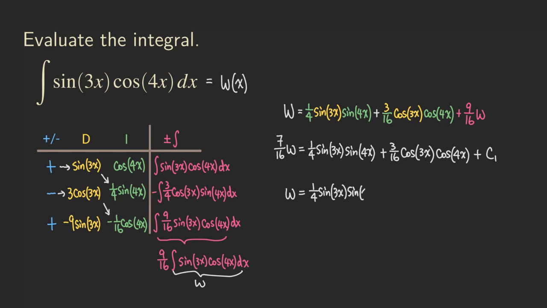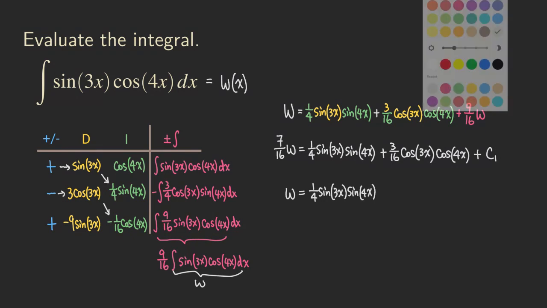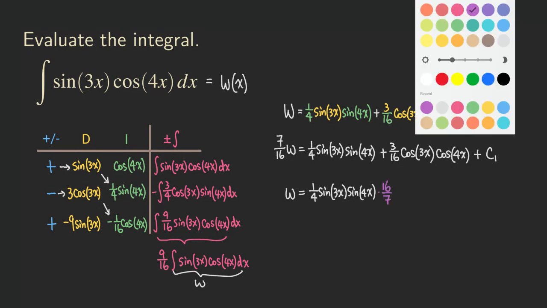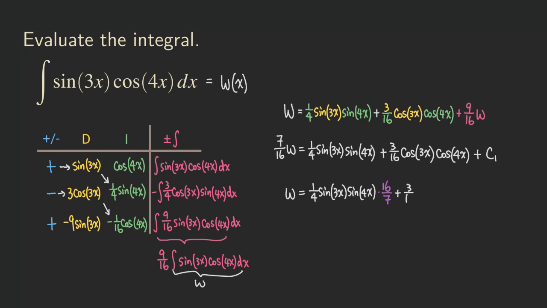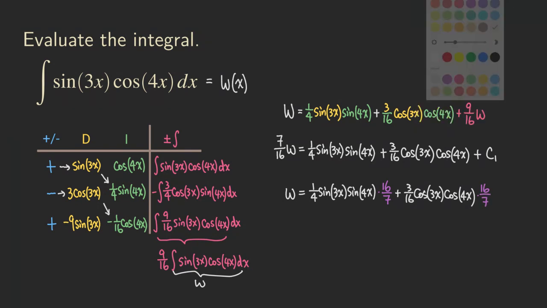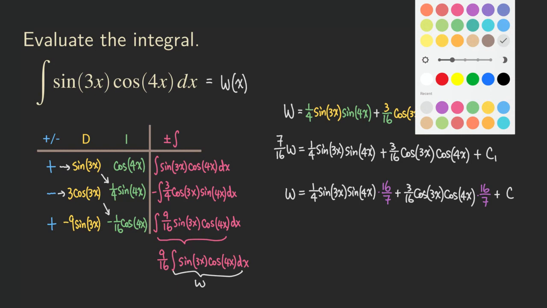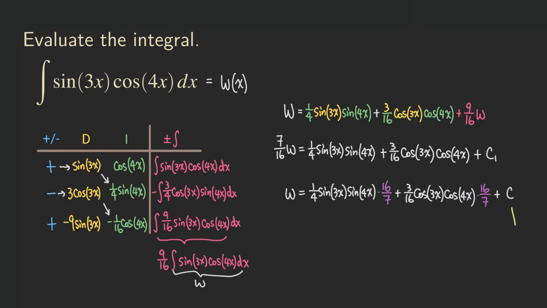Right, so we are getting all the stuff, and then remember each term must be multiplied by the 16 over 7, and then plus 3 over 16, cosine of 3x cosine of 4x, then times 16 over 7, and then also C1 times the 16 over 7, right? We can just call that C, and it's really just 16 over 7 times the C1, right?